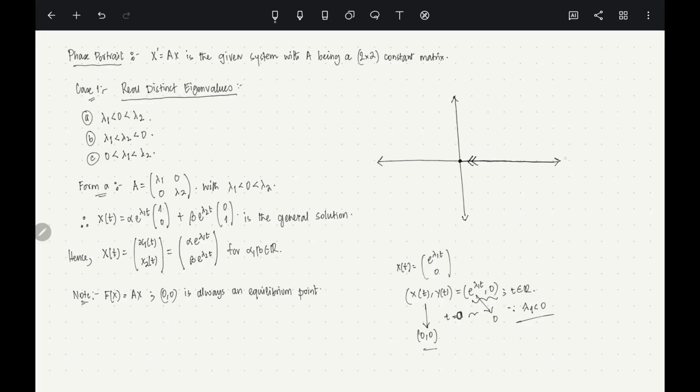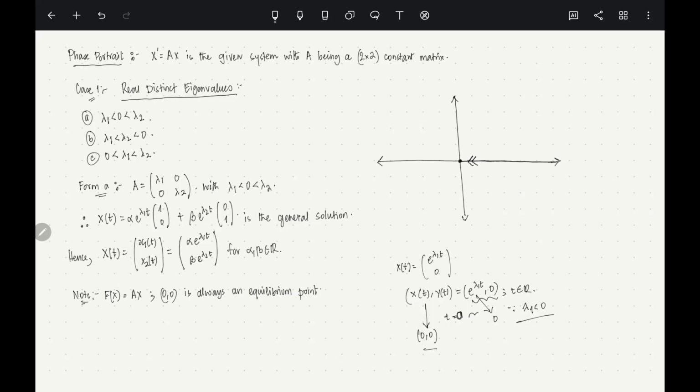So the trajectory is coming from here, extremely large, and it is pushing towards 0, 0. That's the idea. So the first trajectory looks like this, and to be frank, you can't draw it properly because it is merging with the axis. The x-axis is a solution here.